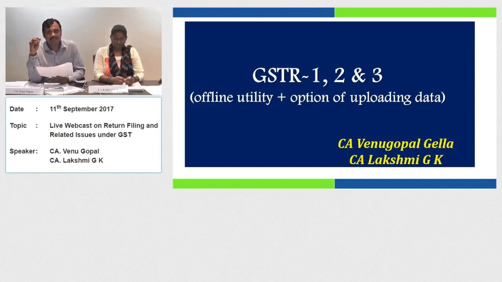When you are entering in the table 4 of GSTR 1, the moment you enter the GSTIN of your recipient, the place of supply is automatically determined and C plus S would come. But you also have an option to manually override that place of supply and change it to a different state. Then it would be changed to IGST or C plus S accordingly.